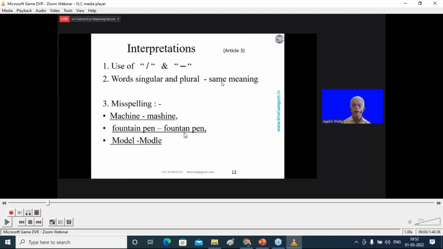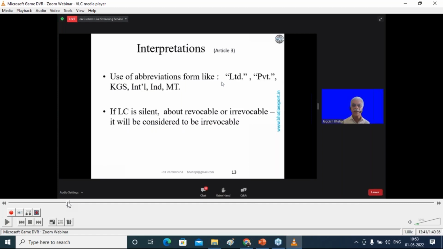So these types of errors can't be constituted as a discrepancy, because in LC, discrepancy is one of the major difficulties. Similarly, they also made provisions for abbreviations. Suppose you need not write "limited" in full form; if you write the short form, and in general trade parlance it is understood, then it is also not treated as a discrepancy.